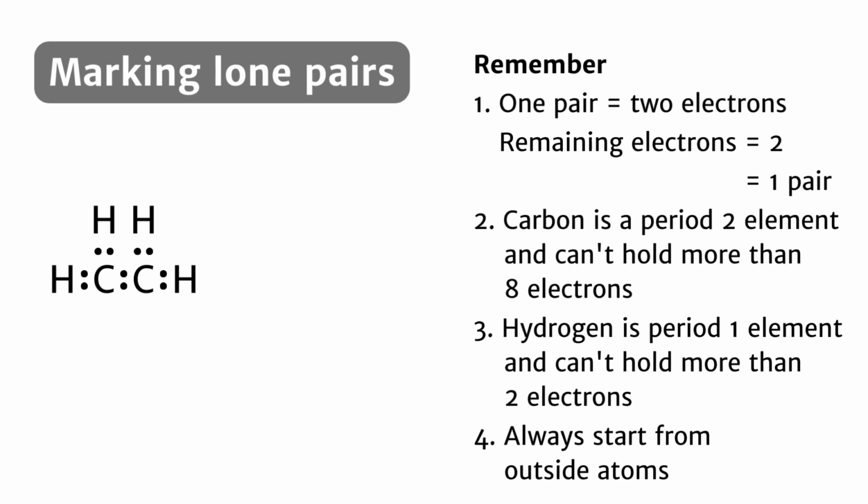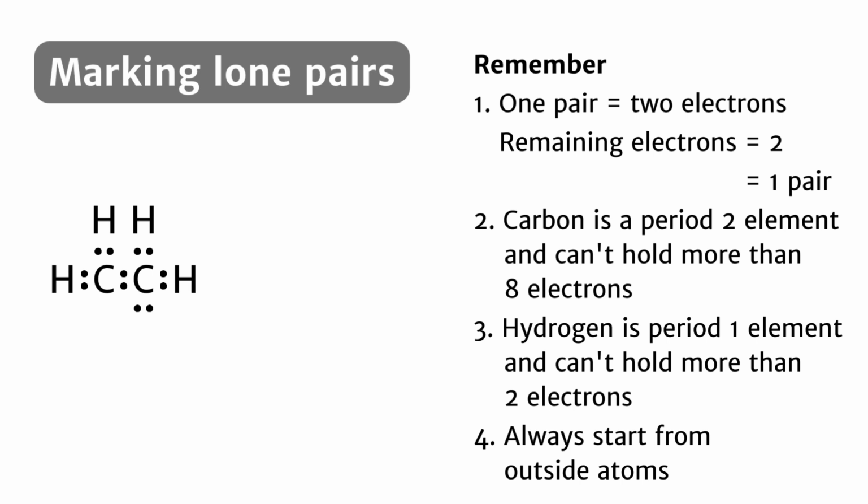In C2H4, the 4 outside hydrogen atoms won't receive any lone pairs, as they can't hold more than 2 electrons. The right carbon is the outside atom, so we will mark 1 lone pair on it. For the central atom, left carbon, there is no lone pair to mark, as we had only 1 pair to indicate on the structure.